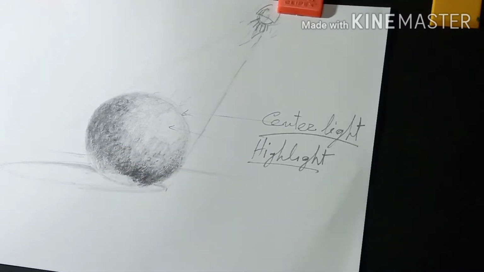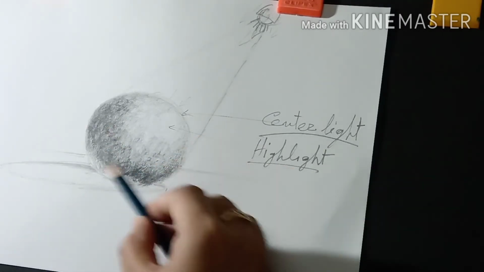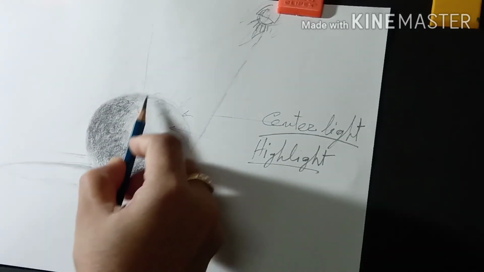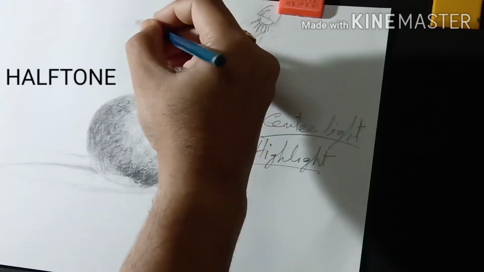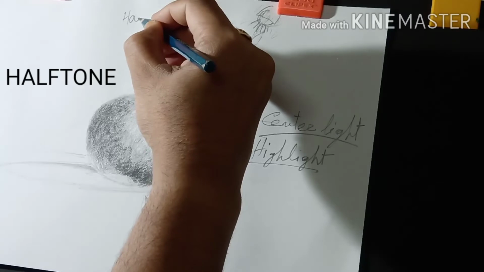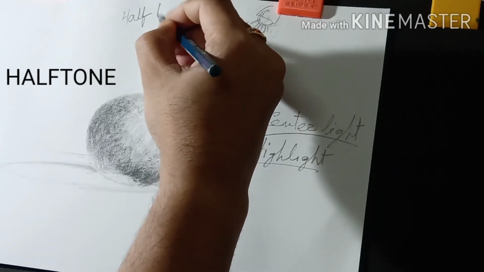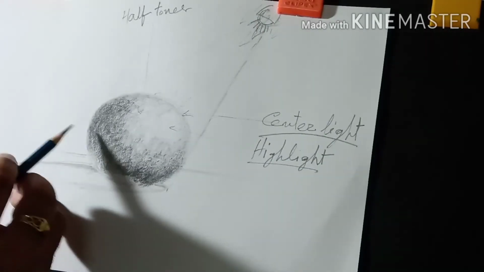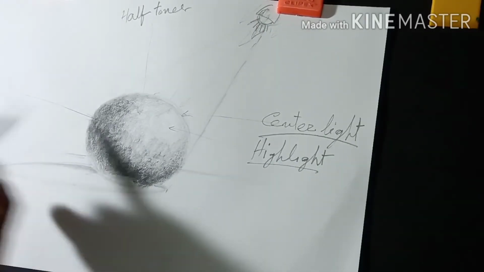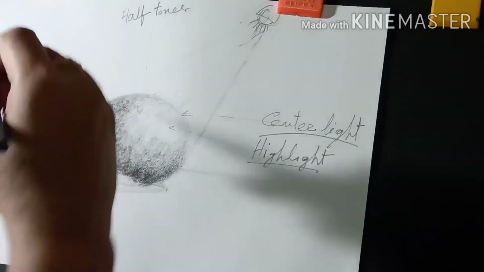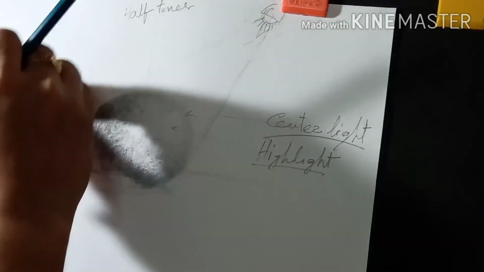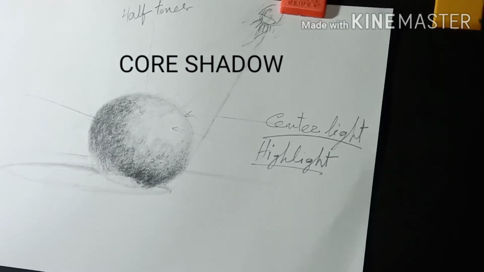This area is highlight and half tone is this one. This part is called half tone, and this dark area is core shadow.